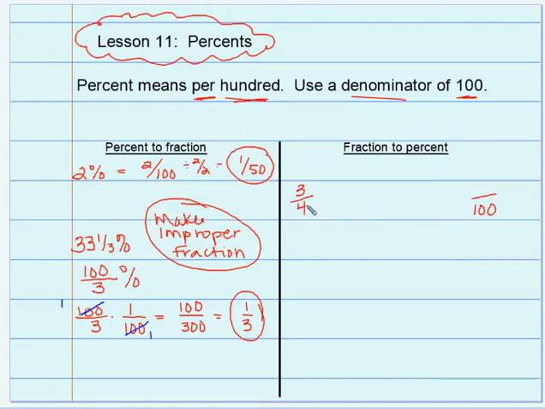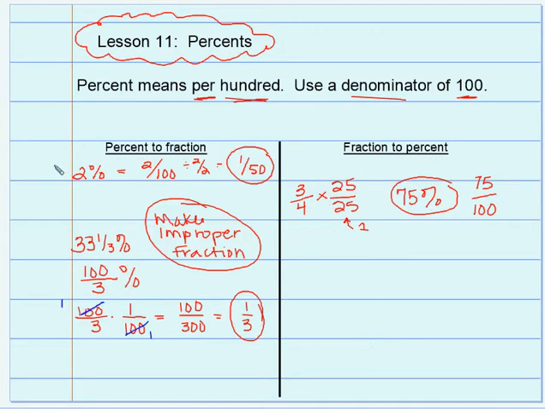Well, this 4, I can multiply 4 times 25 to get 100, so I'm going to multiply 3 times 25 to get my numerator. Remember, this fraction here needs to be representing 1, so 3 times 25 is 75 out of 100, which then you change to 75%, because the problem said fraction to percent. Don't tell me 75 out of 100. You need to change that to 75%.